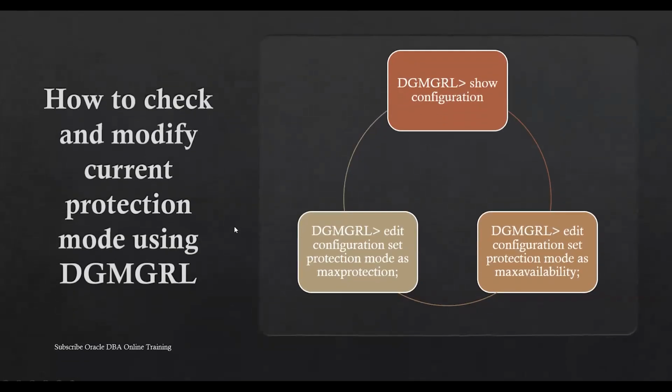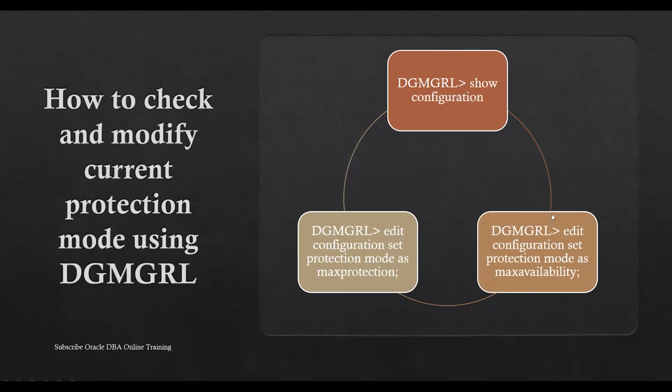Okay. So moving to the next part, that is how you can check and modify the current protection mode. If you are using the DGMGRL utility directly, you can run the show configuration query. Once you have logged in to DGMGRL, you can run these queries, and you can also edit by running EDIT CONFIGURATION SET PROTECTION MODE AS MAXPROTECTION or MAXAVAILABILITY.